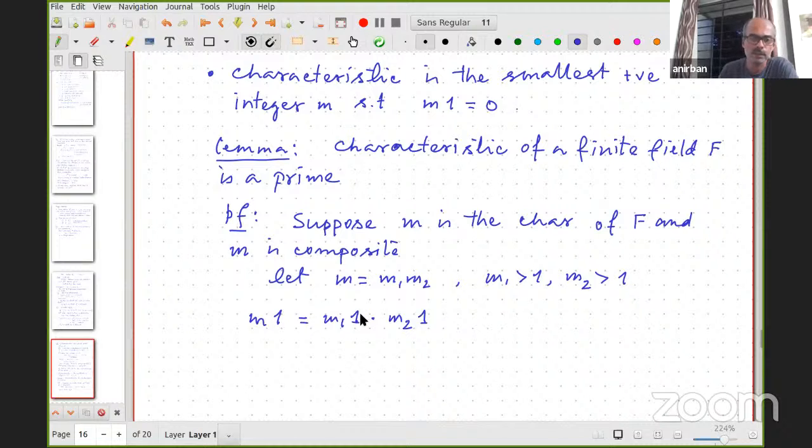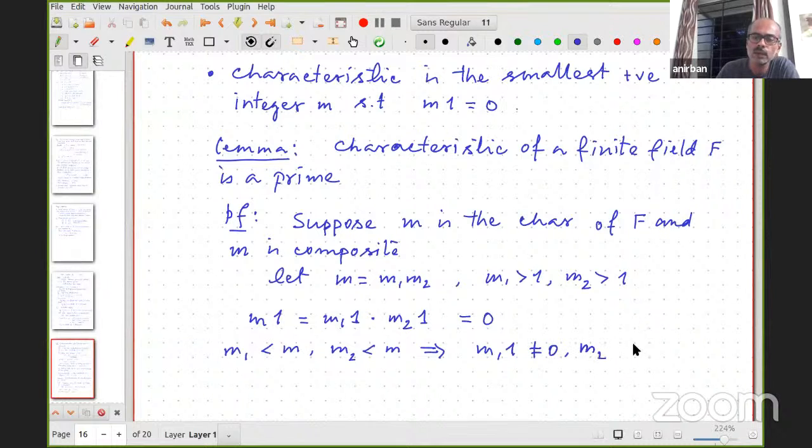That's this product. And this is 0 because m is the characteristic by definition. Since m1 and m2 are both greater than 1, both are less than m, so m1 of 1 is non-zero and m2 of 1 is also non-zero, because m is the smallest integer such that m of 1 is 0, being the order of 1.